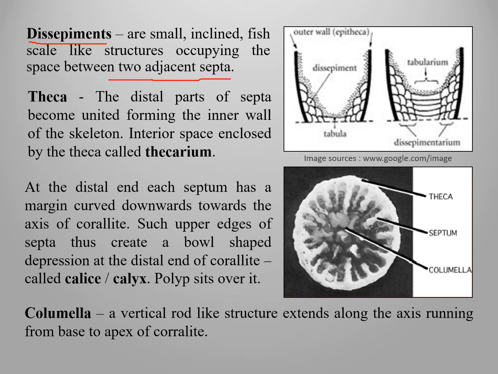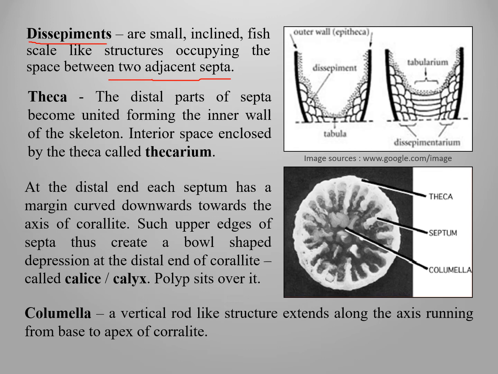The distal part of the septa becomes united, forming the inner wall of the skeleton, and this wall, formed due to fusion of the distal part of the septa, is known as theca.